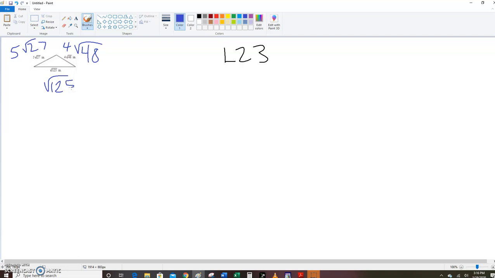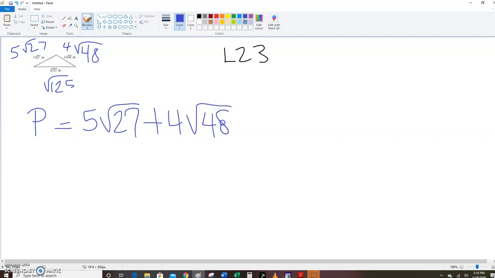And we must find the perimeter. Perimeter means add the sides. So we have 5 square root of 27 plus 4 square root of 48 plus square root of 125.